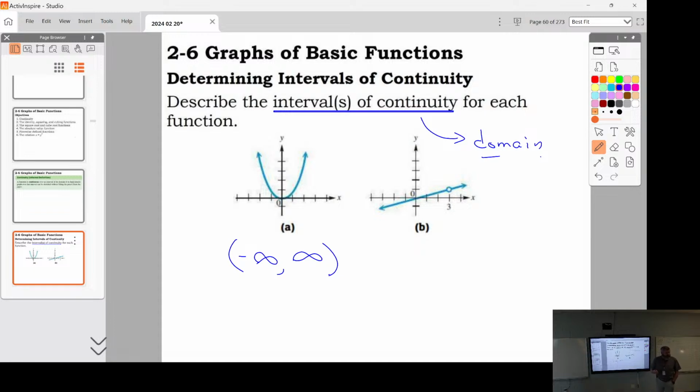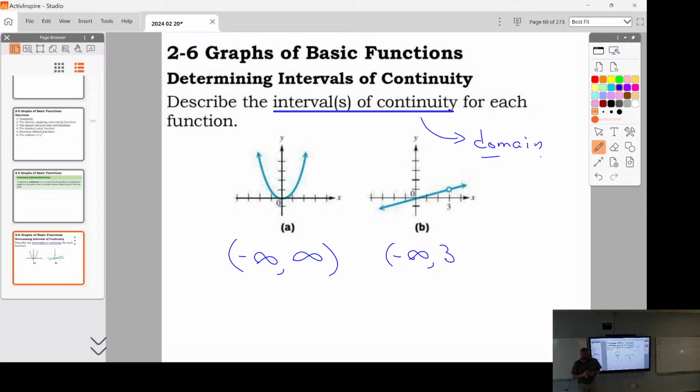There's an x value on this graph that is not defined. It does not exist. But does this graph have continuity? Yes. So reading from left to right, where does the graph start? Negative infinity, and it stays continuous all the way up to the x value of 3.